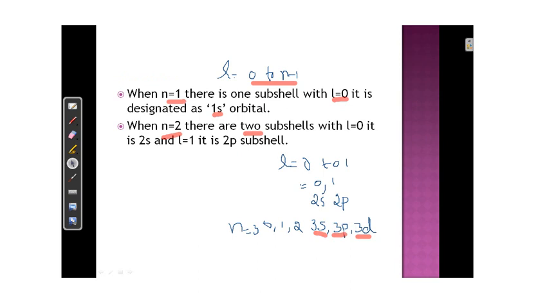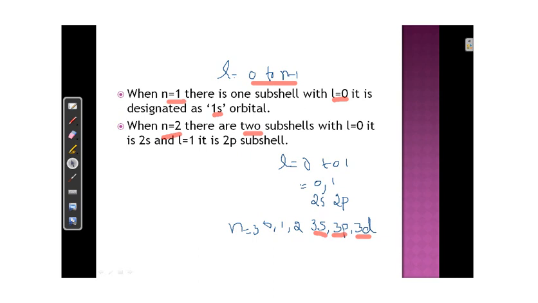And when you take the principal quantum number as 2, that is n is equal to 2, then there are two subshells. So what are those two subshells with the values of l? l is equal to 0 and l is equal to 1, according to 0 to n minus 1. Therefore, 0 means it is obviously S subshell and 1 is P subshell.